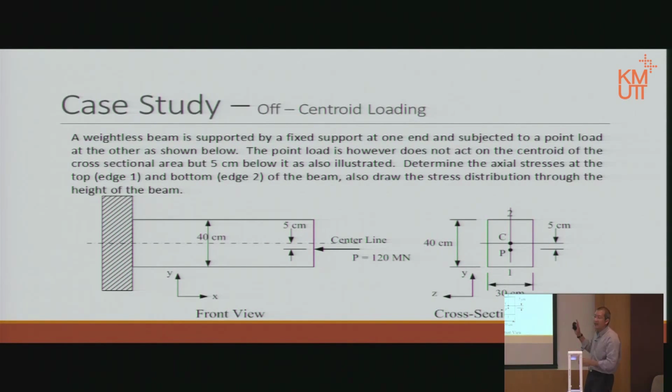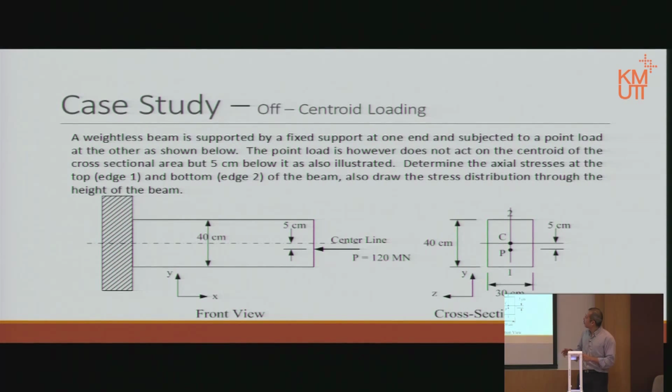On the right hand side is a free end, no support. However, there is a point load pressing in. But this point load doesn't press onto the centroid. This is the centroid. That point load actually presses below the centroid, but on the same line as the height. It's below the centroid by 5 centimeters, as indicated here.